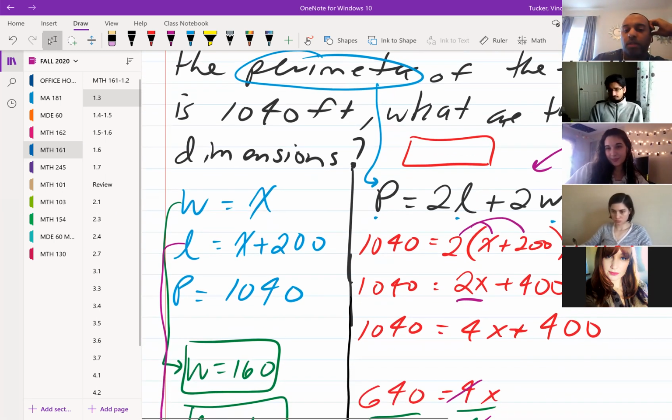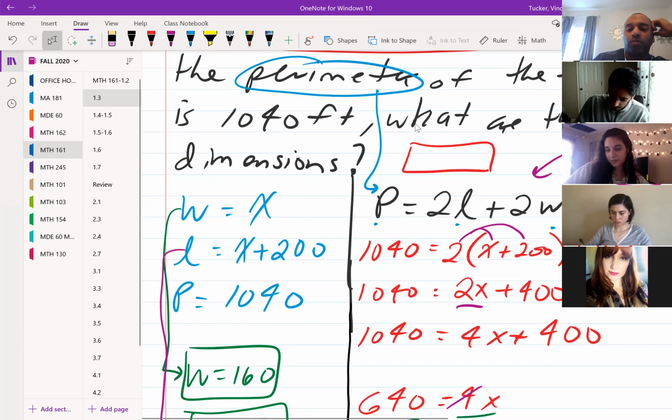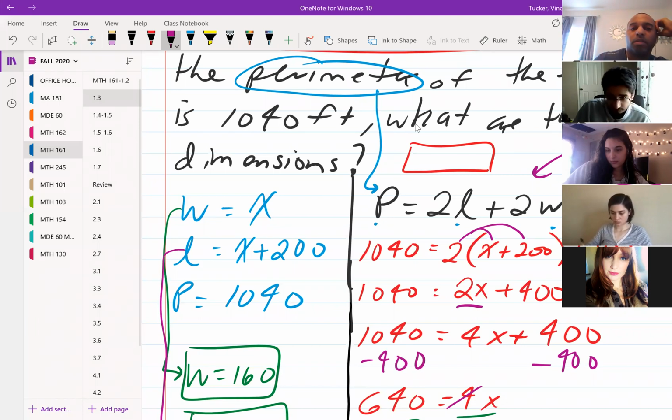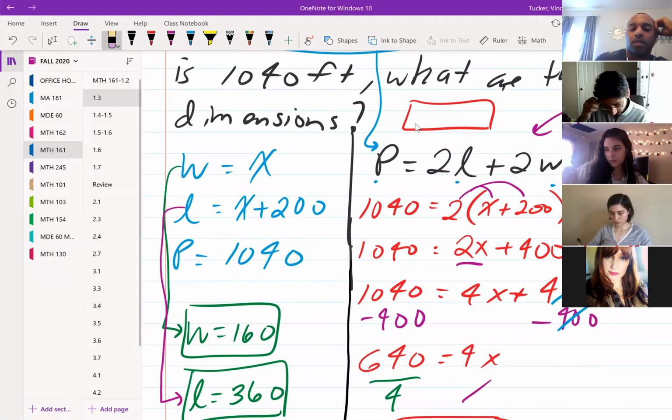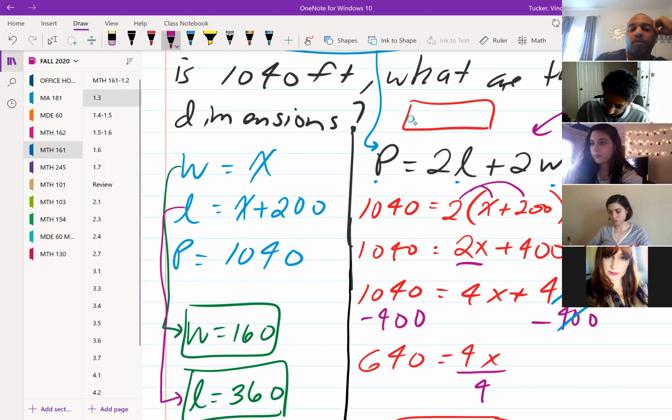All right. So now we want to subtract 400 from both sides. 400 on the right cancels, leaving us with 640 equal to 4X. And then to finish it off, divide by 4.